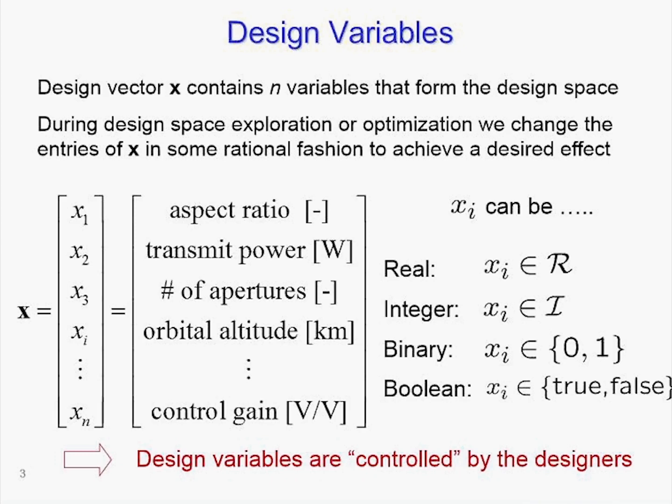So the mountains, the hills, that's places where the objective is high, and the places where you have valleys, that's where the objective is low. And so if you're trying to minimize, say, cost, good designs, you'd be looking for them in the valley. And the regions where the design space is flat, those are regions where changing the design doesn't really change the cost, it doesn't change the weight or whatever the objective is.